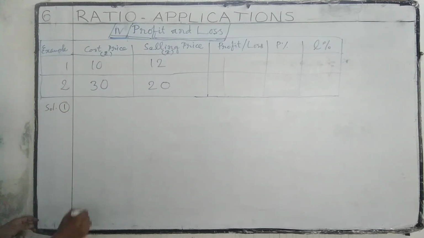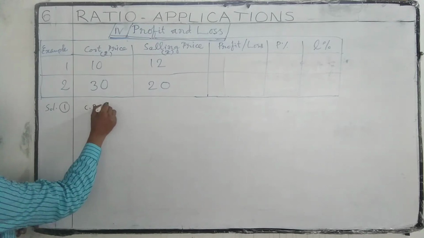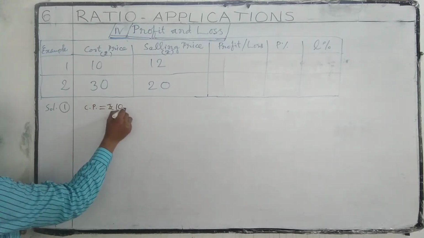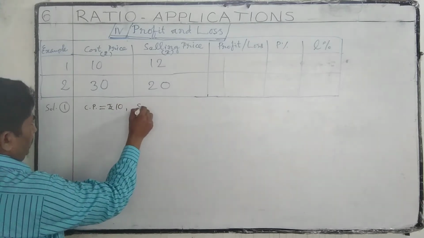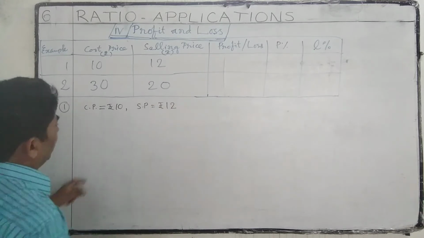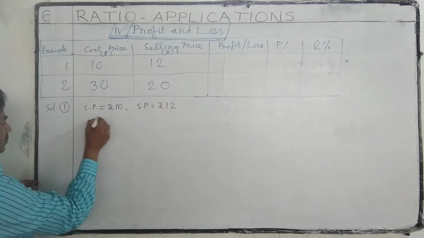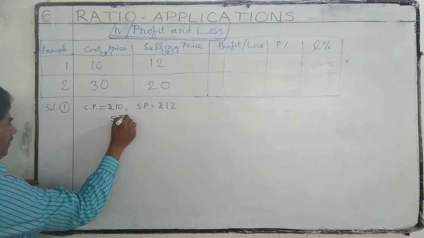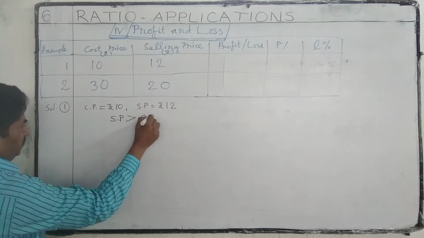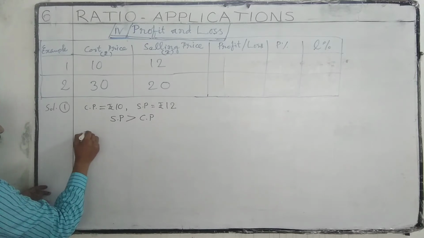First one: cost price 10 rupees, selling price 12 rupees. Here selling price is greater than cost price, so we can get profit.